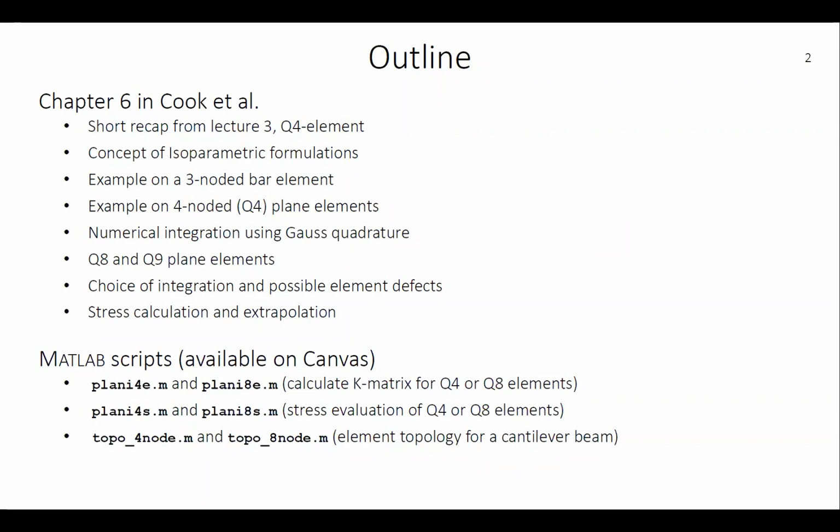I will then go on to the 4-noded plane elements and the isoparametric formulation for that. Not in extreme detail either, because the mathematics gets a little bit expanded. It's a little bit tedious to go through all the details. So I try to be more detailed on the 3-noded bar element, and then show the similar concepts on the Q4 elements.